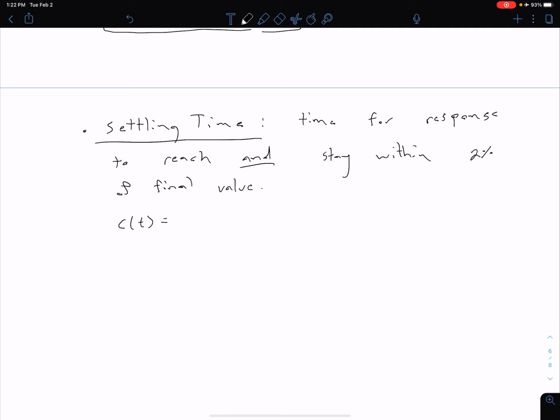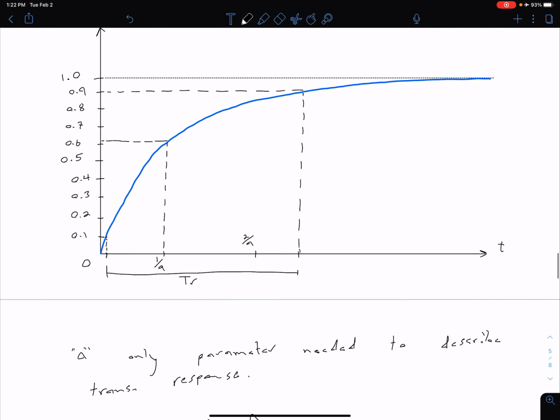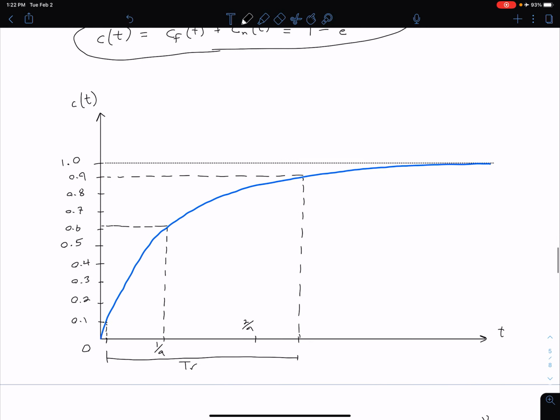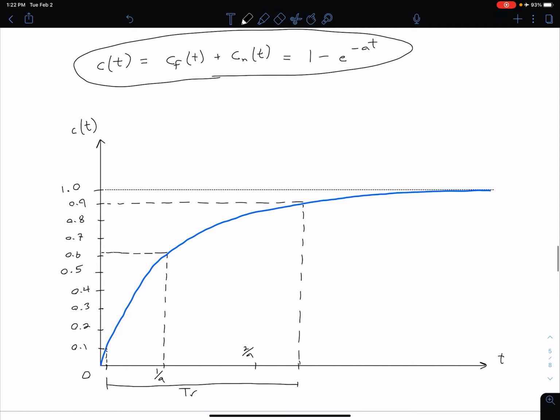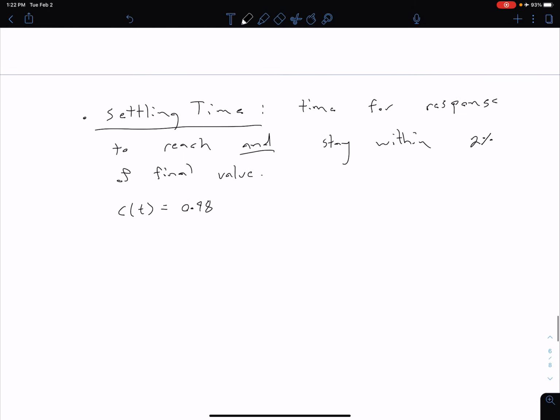So what we can do is say c(t) is equal to 0.98, because for this particular function, looking at it graphically or in the equation, we can see once it gets within 98%, it's not going to be deviating. It's not oscillating about that final value. So we can say c(t) equals 0.98 is going to give us our settling time.